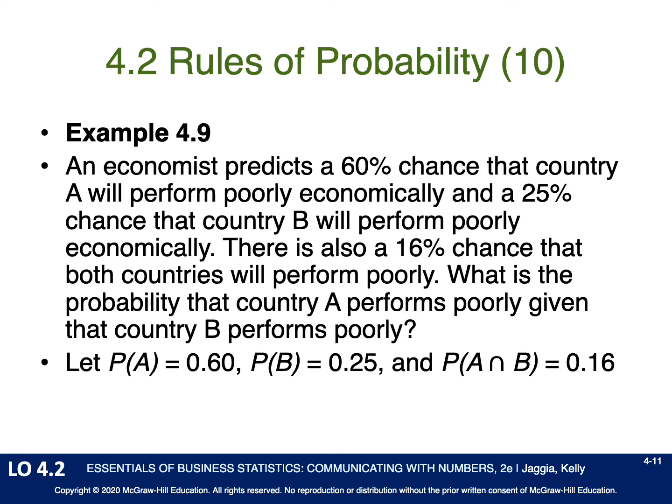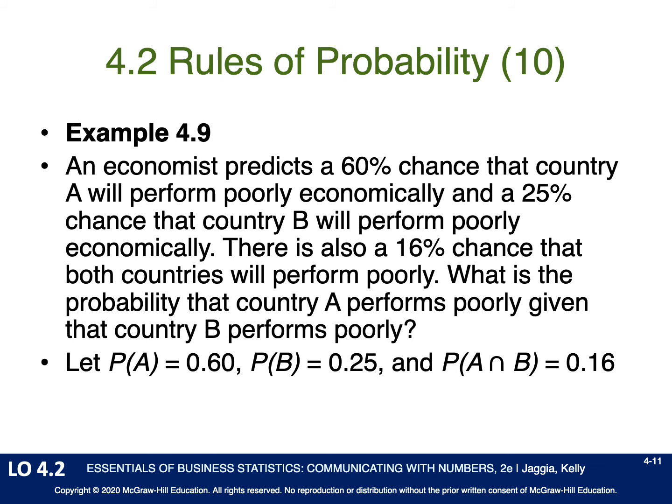So here we've written out the probability of A performing poorly is 60%, the probability of B performing poorly is 25%, and the probability of both, of the intersection of A and B, is 16%.